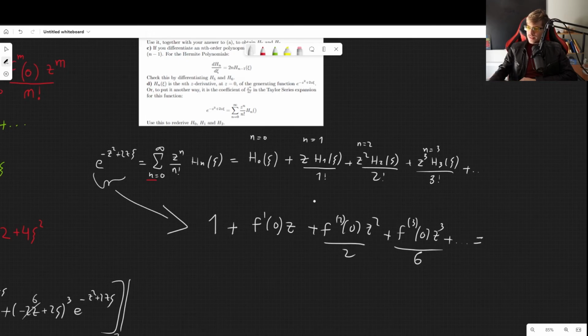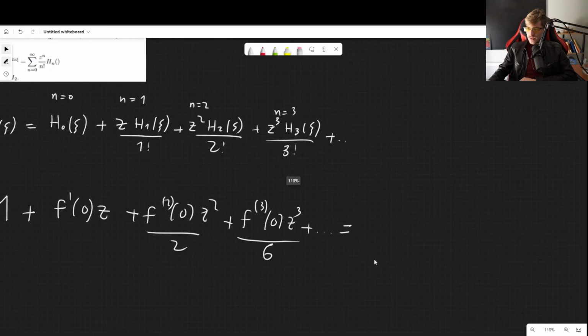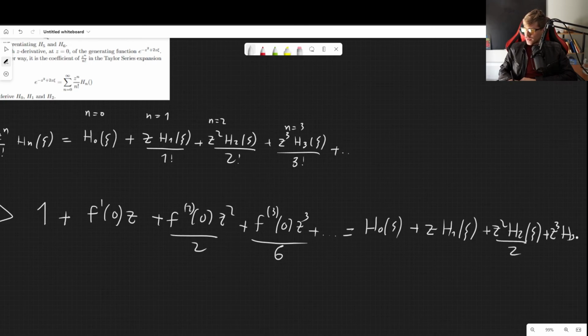And this has to be the same as h0 of ψ plus z times h1 of ψ plus z squared times h2 of ψ divided by 2, plus z cubed times h3 of ψ divided by 6, and so on.